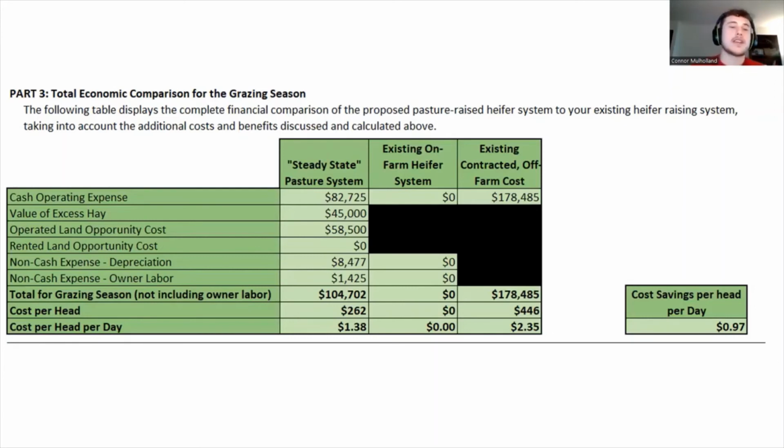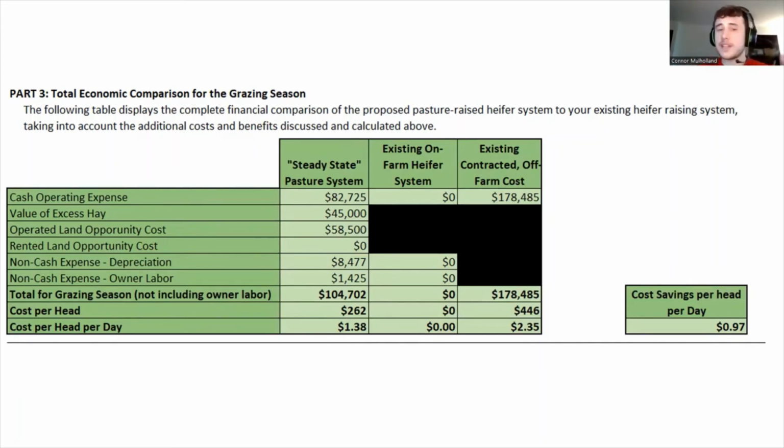We look at the pasture system in the steady state versus the existing system, and it's very favorable to the pasture system. You can see the $2.35 per head per day pales in comparison to the $1.38 per head per day in the pasture system. It's a cost savings of about $1 per head per day.